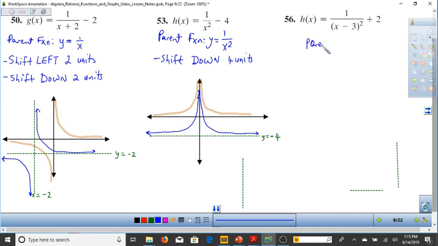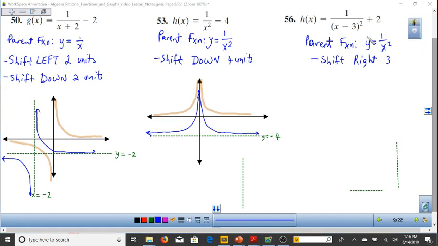Parent function here. The parent function is y, again, equal to 1 over x squared. In this case, we're shifting the graph to the right 3 units.